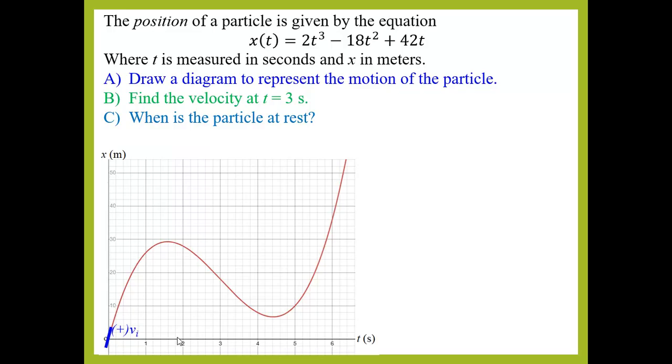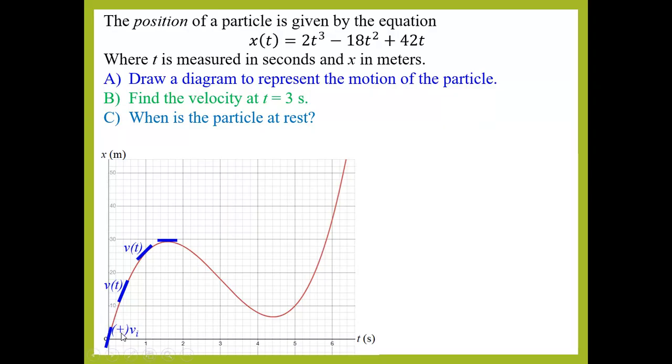Well, how do you know whether it's moving at a constant rate or speeding up or slowing down? All you have to do is draw a few tangent lines and see the slope of the tangent lines. So here's another one. This is my v of t at some point in time. Here's another v of t at some point in time. If I look at these first 4 tangent lines, you can see that the slope is getting more gradual, or less steep, meaning that it's slowing down as it's moving to the right.